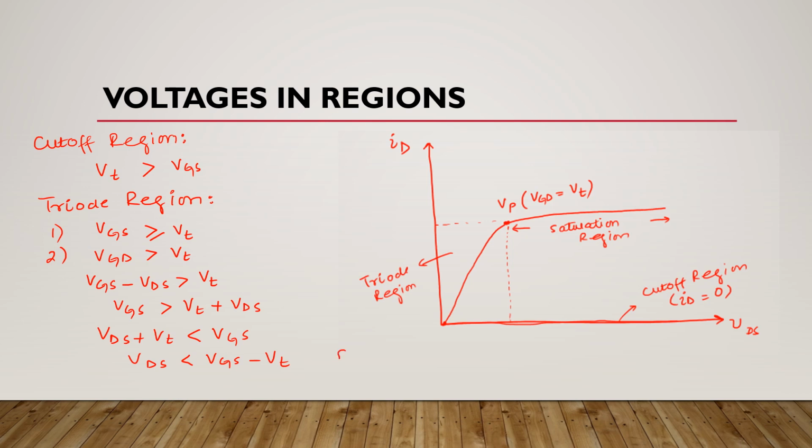Now we know that effective voltage is equal to gate to source voltage minus threshold voltage. It means here this drain to source voltage is less than effective voltage in the triode region. Okay.